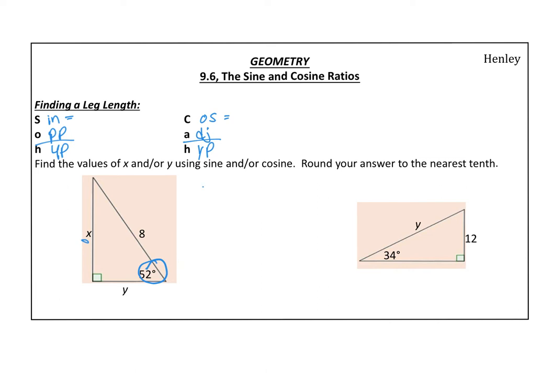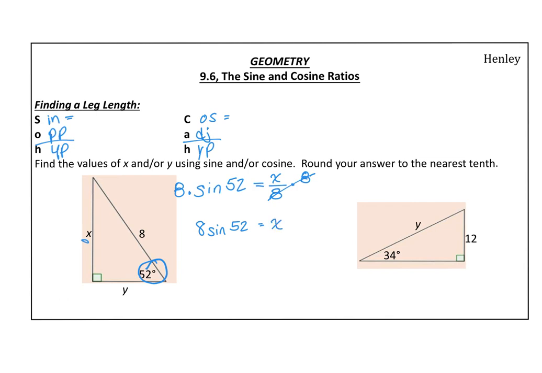Opposite over hypotenuse is sine, so the sine of 52 equals x over 8. Now, to get this equal to x, you're going to multiply both sides by 8. This will give you 8 times the sine of 52 equals x.